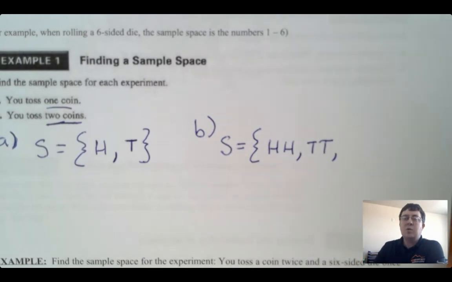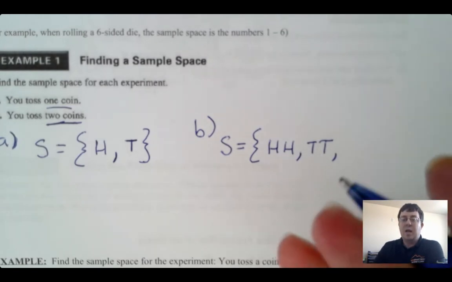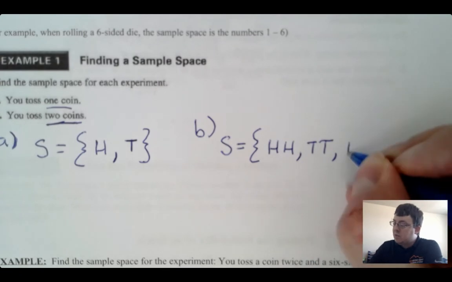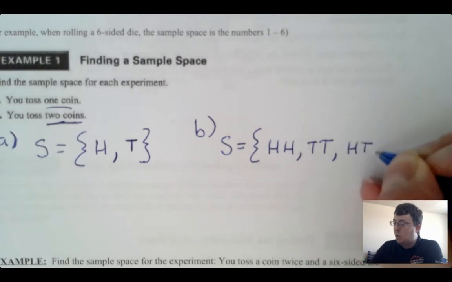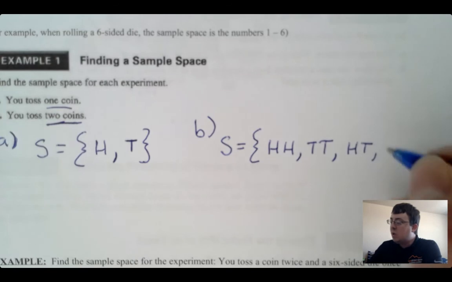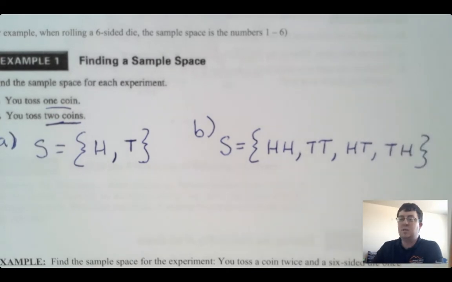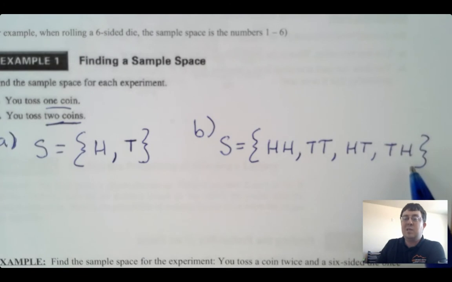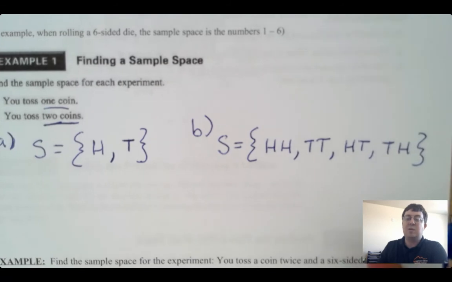There are 2 options now for 1 heads, 1 tails. The first coin could be heads and the second coin could be tails, or the first coin could be tails and the second coin could be heads. These look the same because you have 1 heads and 1 tails, but because the coins are different, these are different outcomes in my sample space. 2 different outcomes that could happen here.